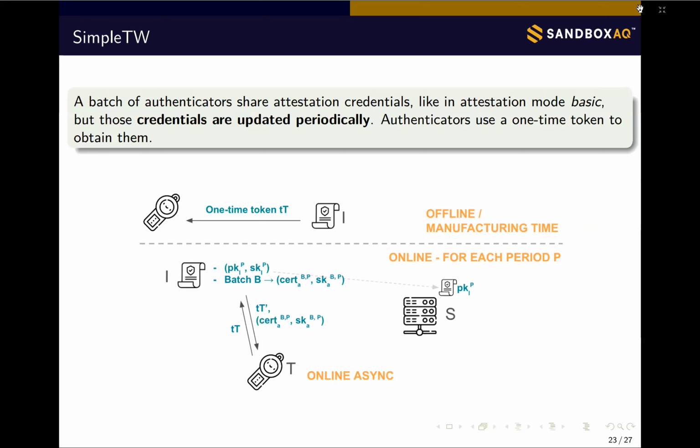During manufacturing time, the issuer will set a one-time token in each one of the authenticators, and later on, when the authenticators have already been distributed, the issuer will be issuing new attestation keys periodically. The authenticators will use these one-time tokens in order to get them, and then use them as in the other mode to sign the registration message.